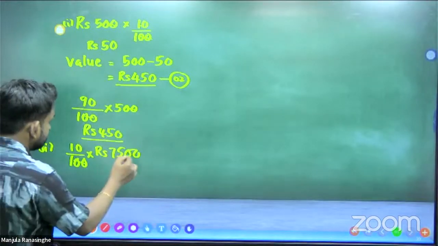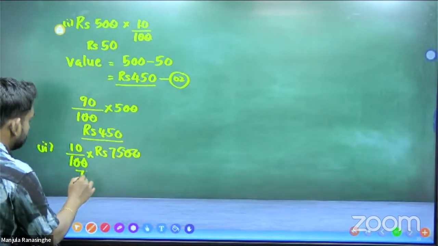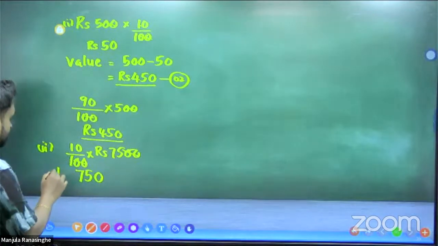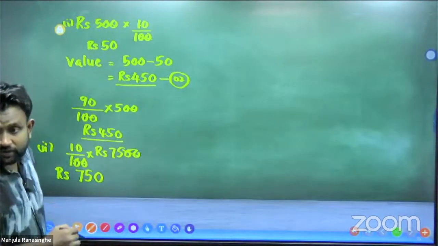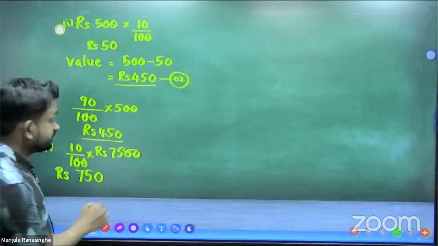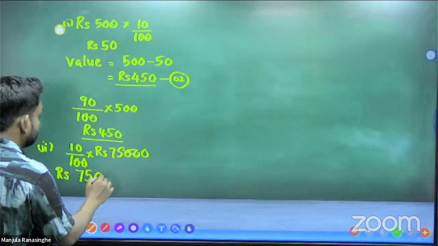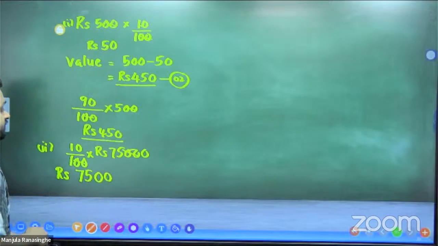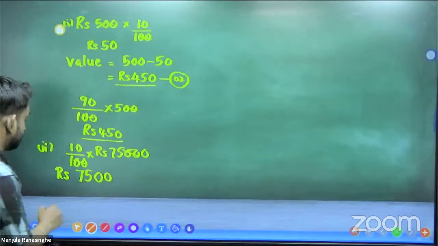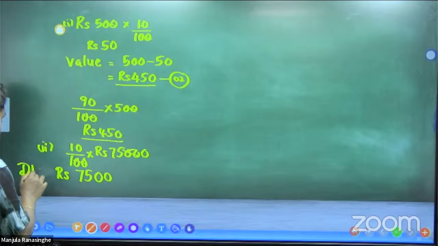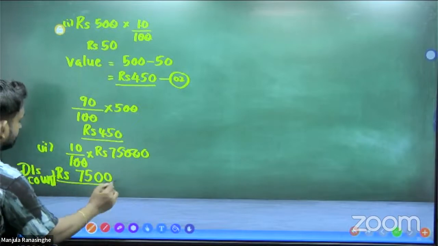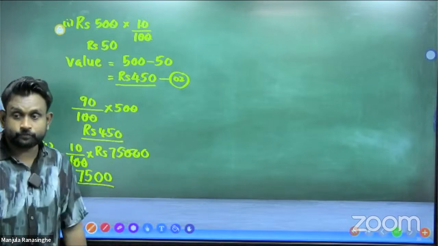You can calculate here. 750 into 10 means rupees 75,000, right? Yes. Then two zeros cancel. Then 7,500 is the discount offered. So you write this is the discount. So they are asking discount first. That is rupees 7,500. Okay.